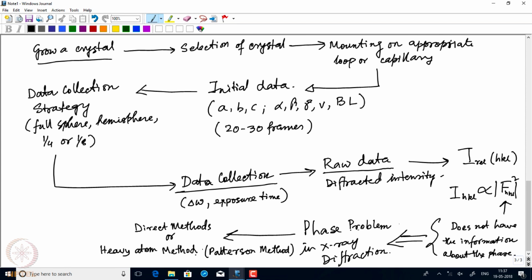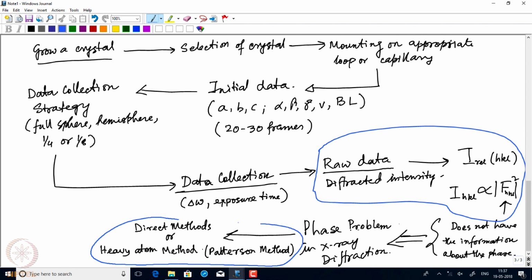In the coming lectures we will discuss the features which I have marked here: the treatment of raw data to generate the I HKLs, and then how we solve the phase problem using two different methods. These two are the most important steps in X-ray diffraction practice, where after data collection you need to spend a lot of time on proper data handling.